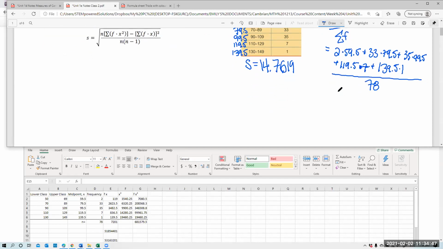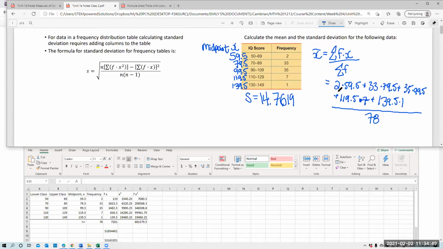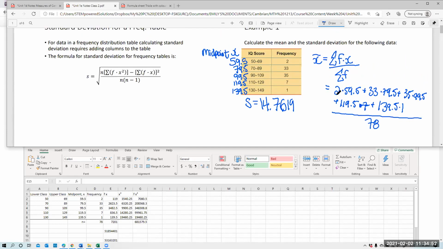So if we add up all of those together, I could actually do that in Excel now, couldn't I? But I can use my calculator for this one. So 2 times 59.5 plus 33 times 79.5 plus 35 times 99.5 plus 119.5 times 7 plus 139.5 equals 7,201.